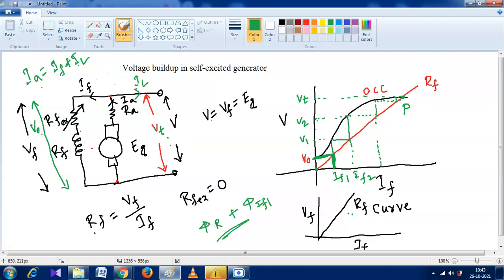Yes, sir. तो कितना वोल्टेज जनरेट करेगा? Due to IF1, how much voltage is generated at that time? V1.